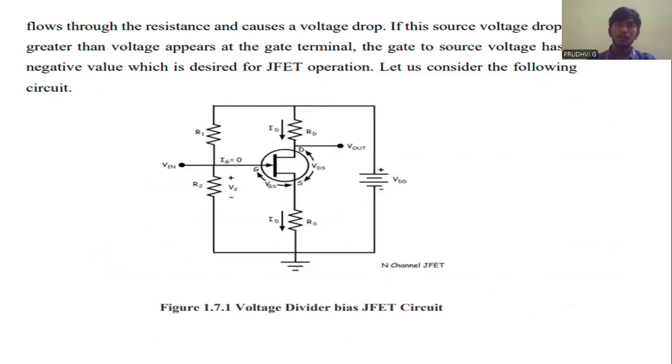If this source voltage drop is greater than the voltage applied at the gate terminal, then VGS would be negative and VG should be positive.